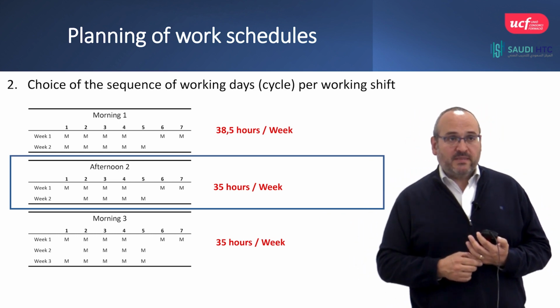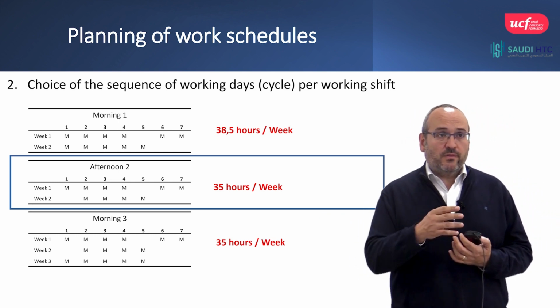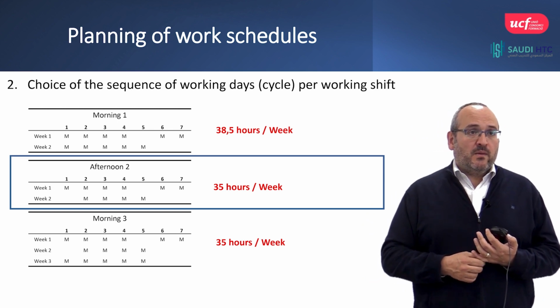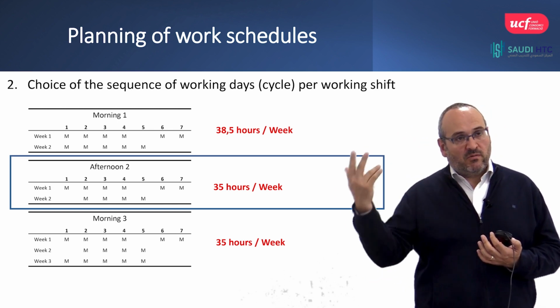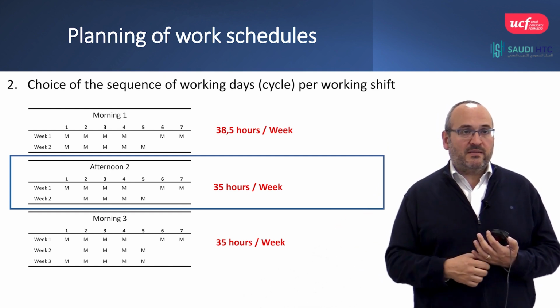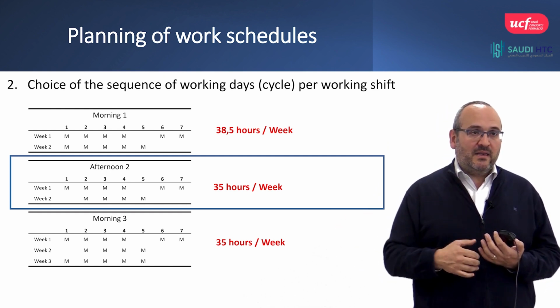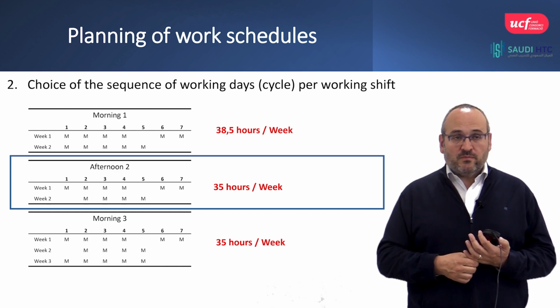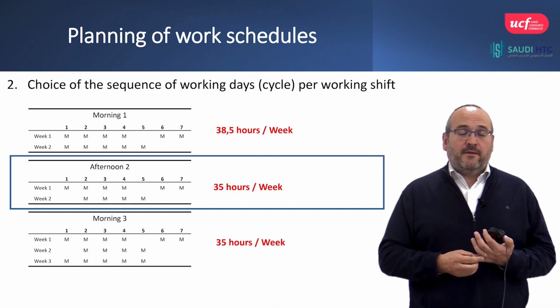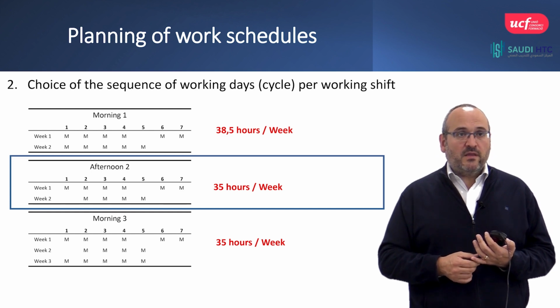In the first case that we present, you can see that it is a cycle of 2 weeks in which we work 4 days, rest 1 day, and work 2 days again. So that week, we work 6 days, and the following week, we work from Monday to Friday. We work an average of 11 days in 2 weeks.